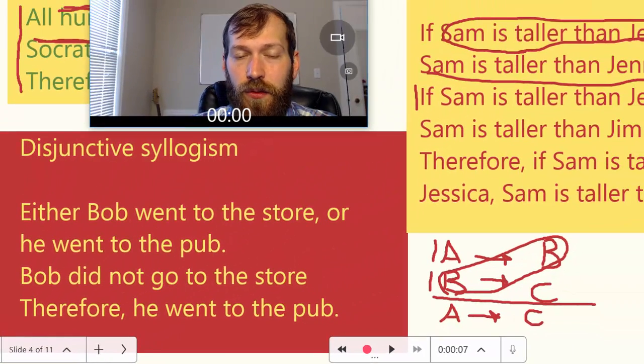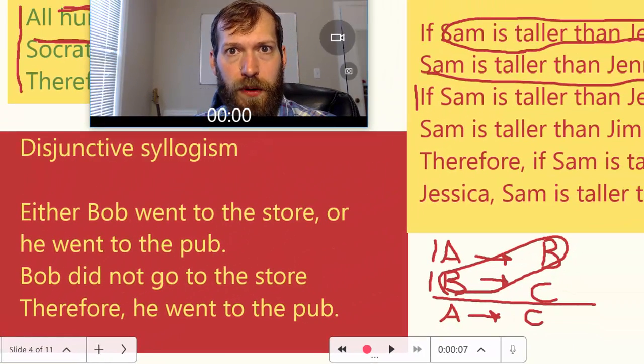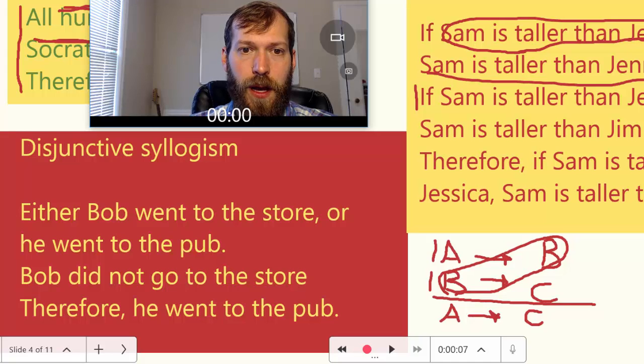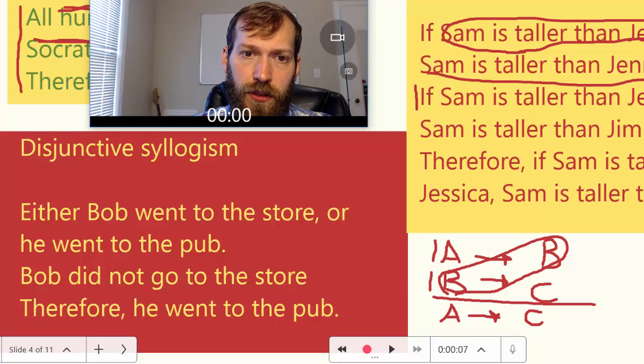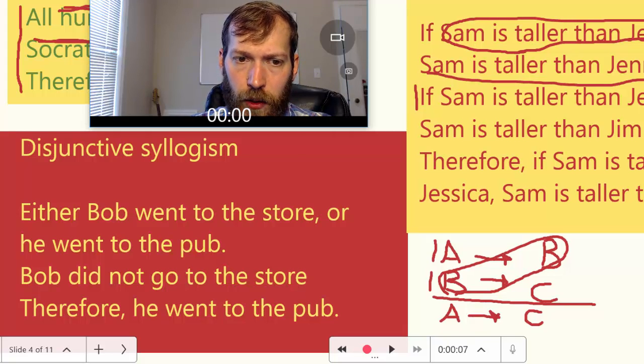So again, we see that it's the structure or the form of this argument that makes the case that if those premises are true, the conclusion's got to be true, which is why disjunctive syllogisms will be deductive arguments. And again, we can be given bad disjunctive syllogisms, it turns out.